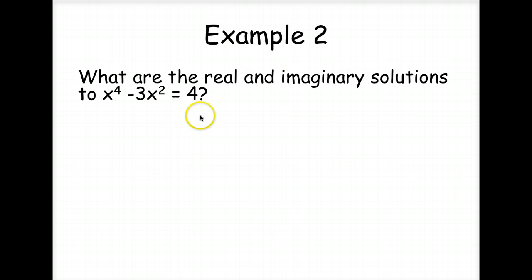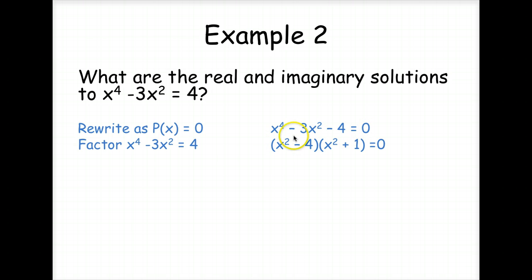Let's look at another example. x to the fourth minus 3x squared equals 4. First thing you need to do, rewrite it as p of x equals 0 by subtracting that 4 from both sides and setting it equal to 0. Now let's factor x squared minus 4 times x squared plus 1. This is the difference of perfect squares.